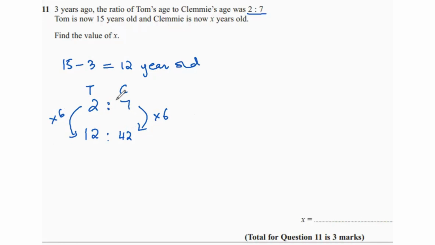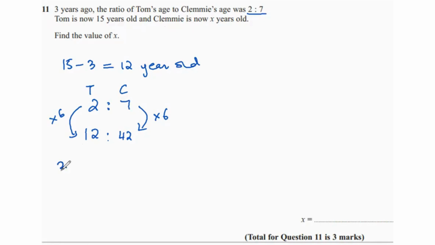We basically write the ages in ratio form and then compare how we can turn those ages in the ratio, or the other way around. So 2 can become 12 when you multiply it by 6. So if you're multiplying 2 by 6, that means we have to multiply 7 by 6 as well. So 7 times 6 is 42.